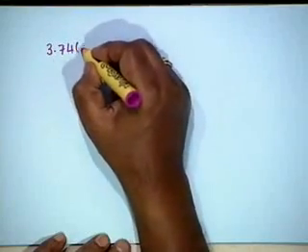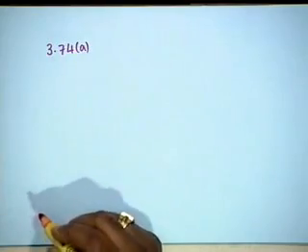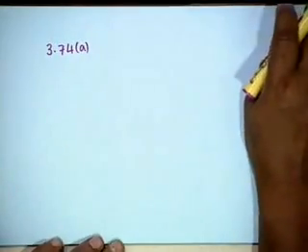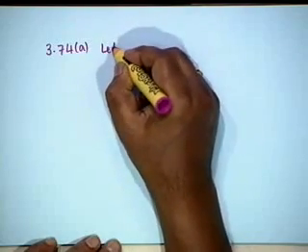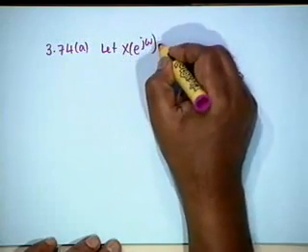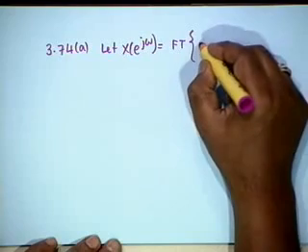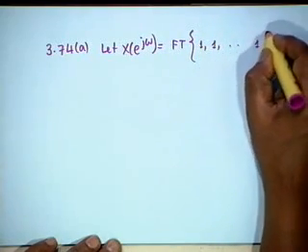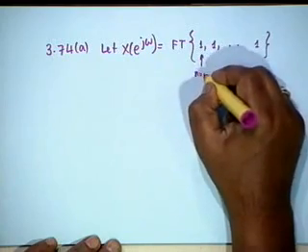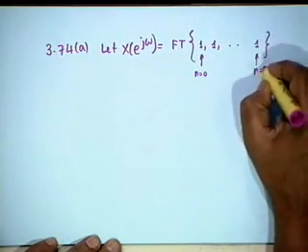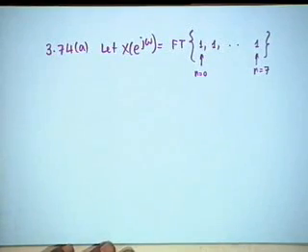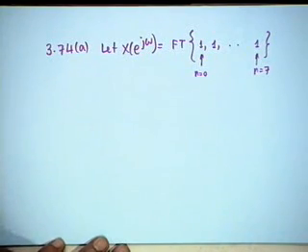The next question, 374A. Once again I am solving only the A part, B part is the negative of this. It says, let capital X of e to the j omega be equal to the Fourier transform of the sequence 1 1 1, where this is n equal to 0 and this is n equal to 7. In other words, it is an 8 point sequence, and its Fourier transform is capital X of e to the j omega.